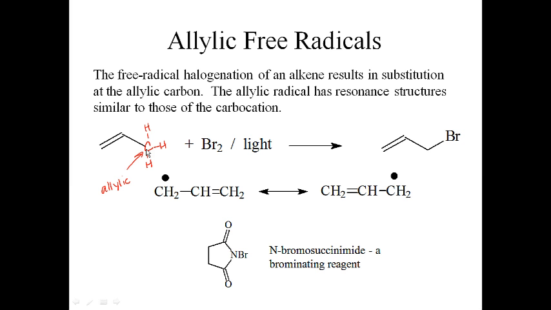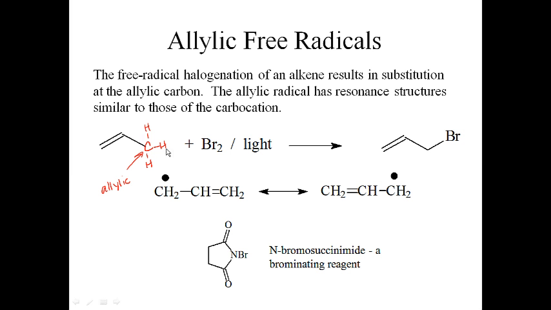And when we form a radical or a carbocation at this carbon, those intermediates are stabilized by resonance. So we have to talk about the allylic position, and more importantly, the allylic intermediates. We'll start with radicals and then move to carbocations before we can talk about the reactions of conjugated dienes.